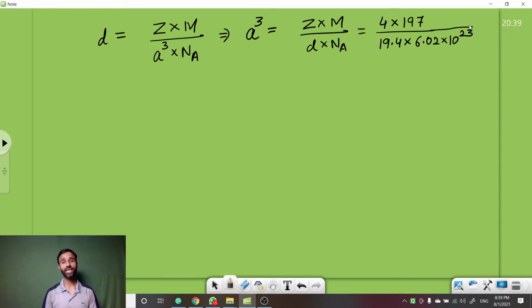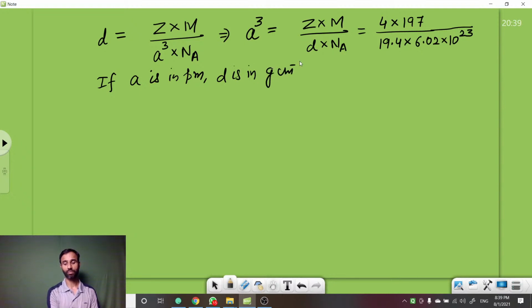But if edge length a is in picometer and d is in gram per centimeter cube, it means we have to calculate edge length in picometer and density is given in gram per centimeter cube.